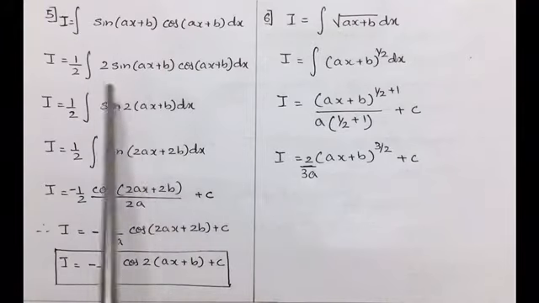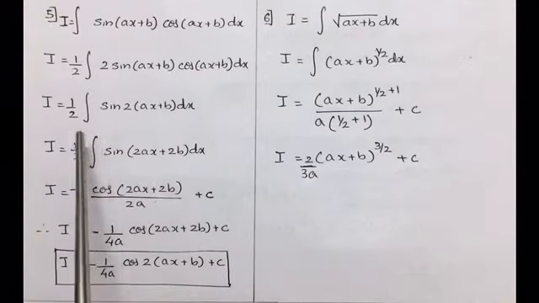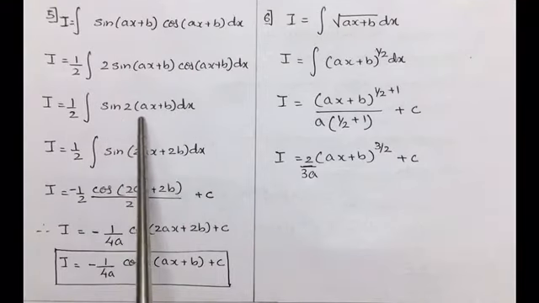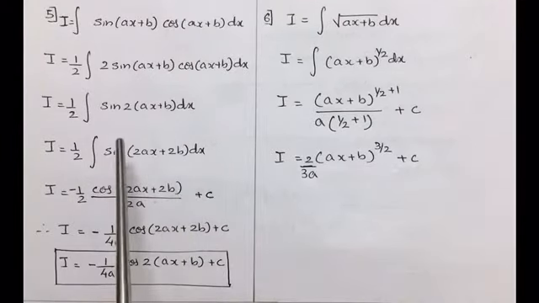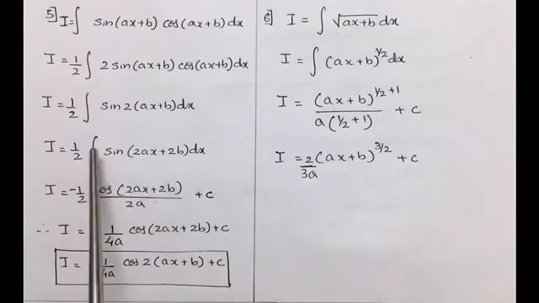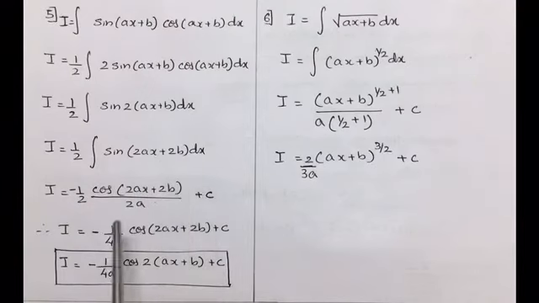Now converting this into the form of the sin 2x formula, we get half integration sin 2 times ax plus b dx. Multiplying 2 inside, we get 1 upon 2 integration sin 2ax plus 2b dx. The integration of sine is minus cos, so minus 1 by 2 cos 2ax plus 2b.